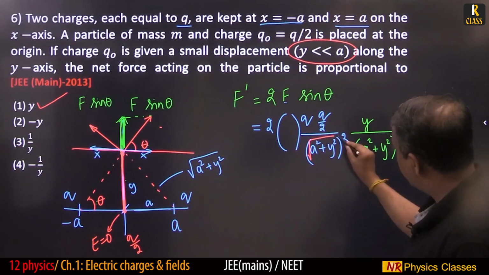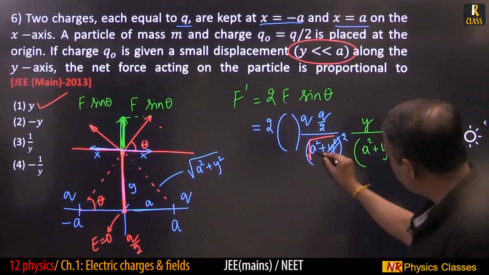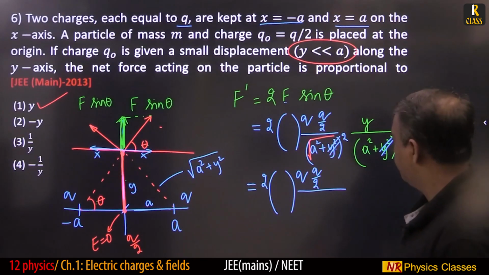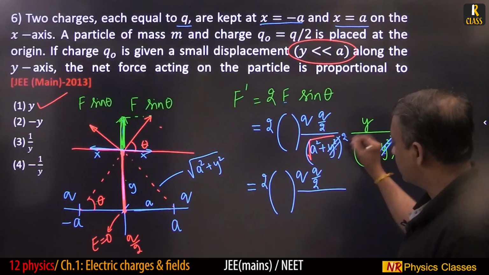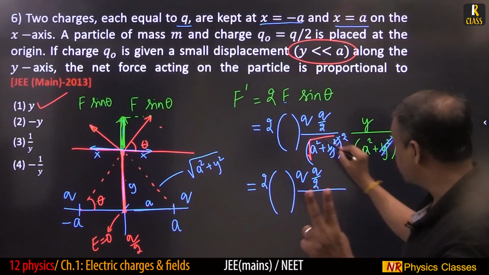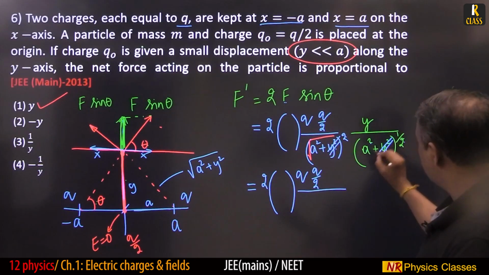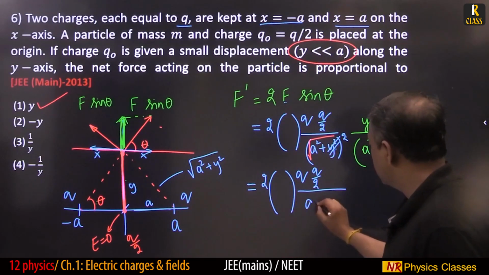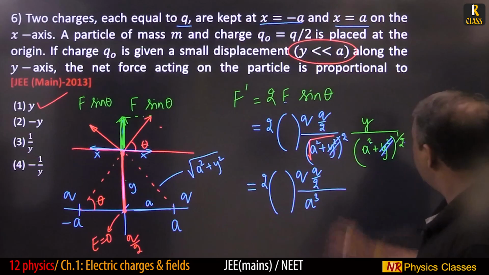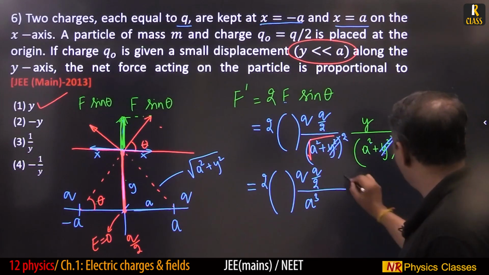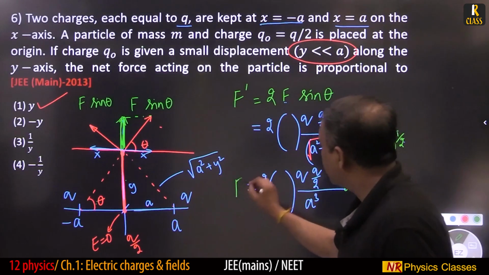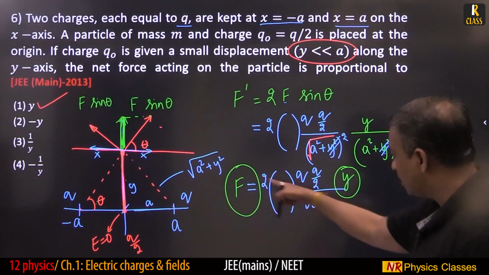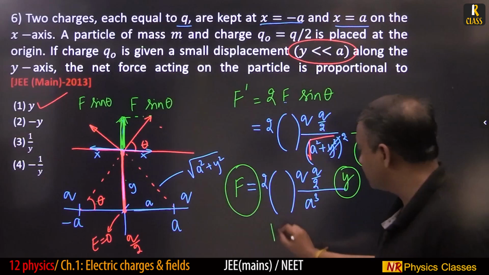In the denominator, you can neglect y compared to a. Root square gone, a square. Square root square gone, a. It is a square into a, which is a cube. So this is a cube into y. There is this y. What they are asking is the relation between force and displacement. So there is no other y term. Therefore, F is proportional to y.